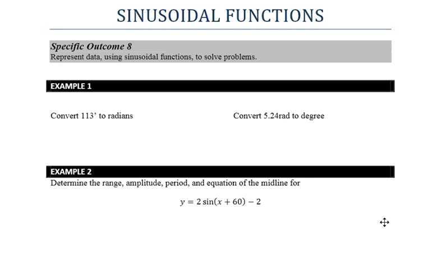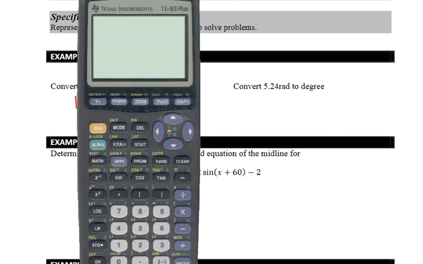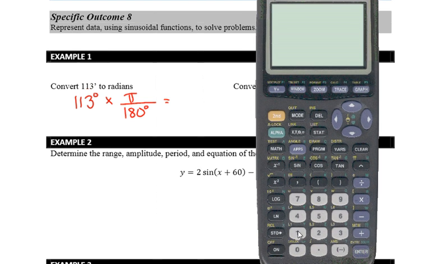Okay, so convert 113 degrees to radians. So how do we convert a degree to a radian? What do we multiply by? Pi, we want radians, so pi on top over 180 degrees. If I want this as an exact value, what do I type in my calculator? 113 divided by 180, and then I go math, enter, enter.